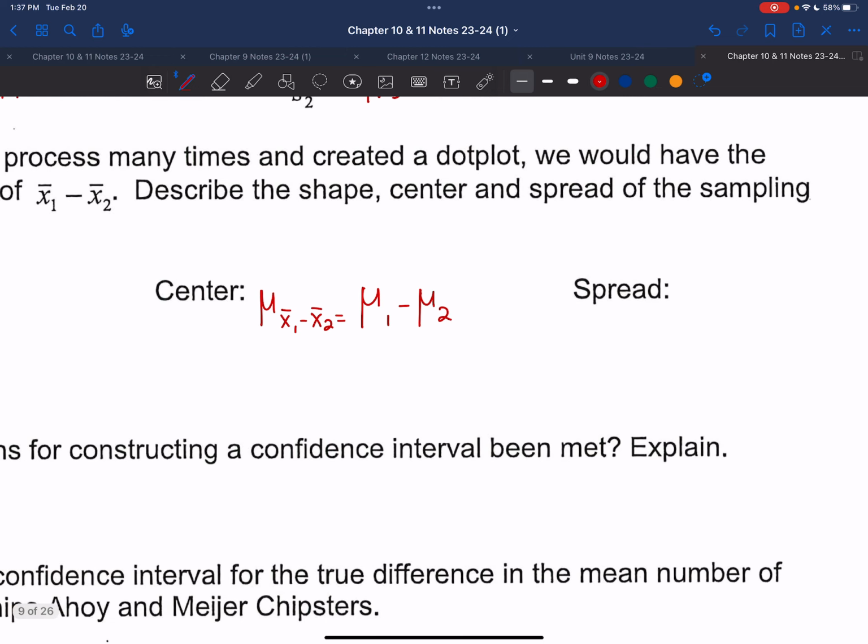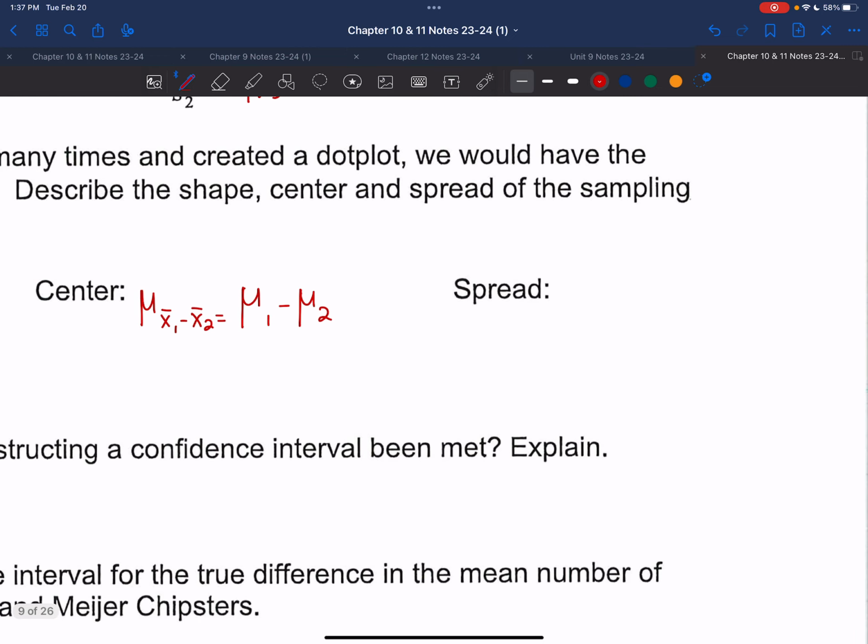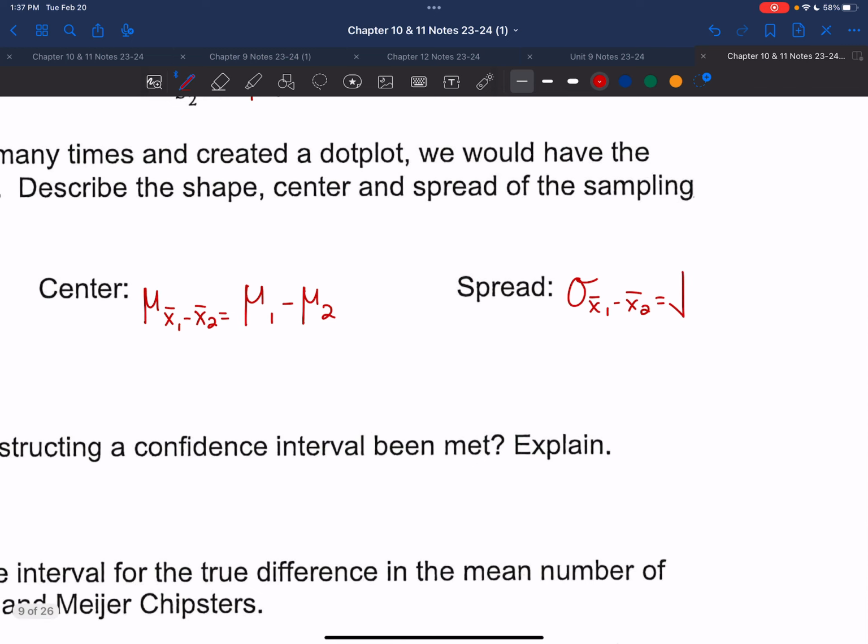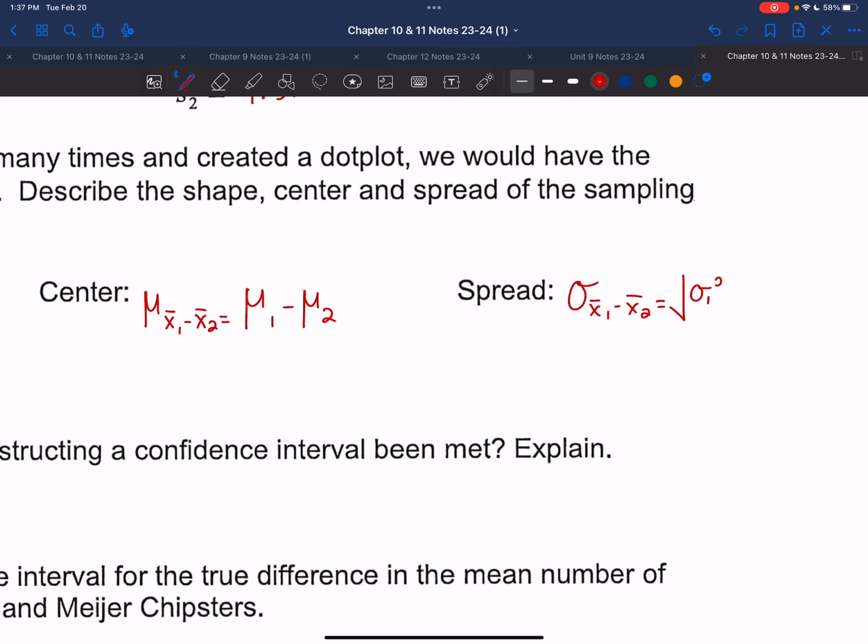All right, and then for the spread, if we knew the population standard deviations, it would be something like the square root of sigma 1 squared over n1 plus sigma 2 squared over n2.